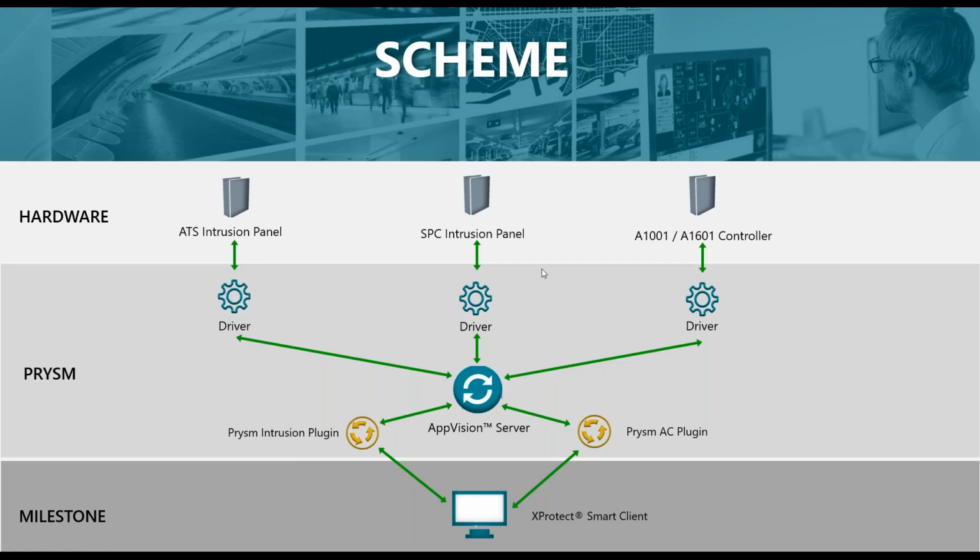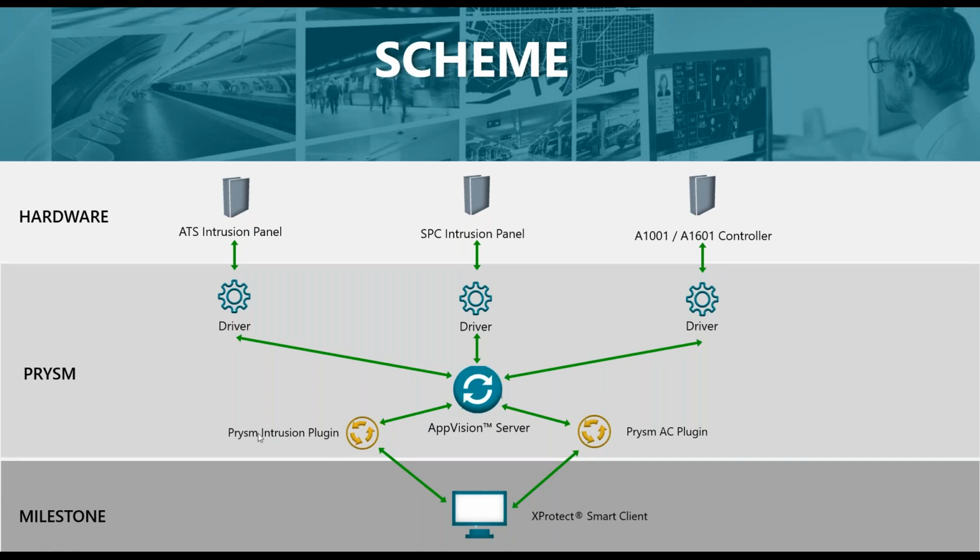How does it work? Here you have three layers. So you have the hardware layer: the intrusion panel here, another intrusion panel, the Axis controller. Here you have the Prysm layer. We connect the panel or the controller through our usual driver to our server.